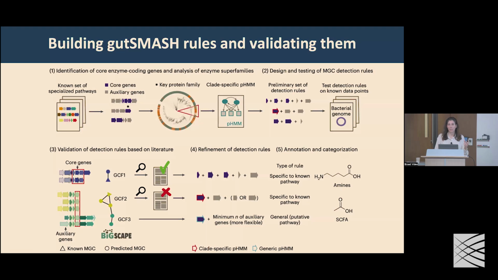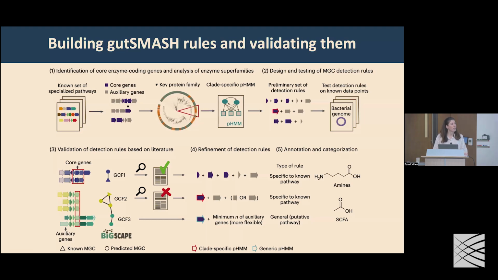And we manually analyzed the output of BiG-SCAPE to find the taxonomic diversity of the predicted gene clusters, and also whether there were any outliers that we could see from the output network, for example. And from these results, we were also able to check in the literature whether what we were predicting was actually known or not.